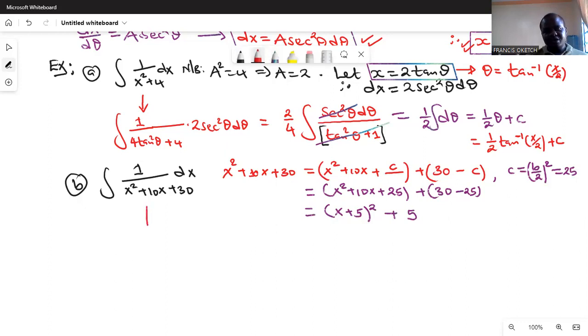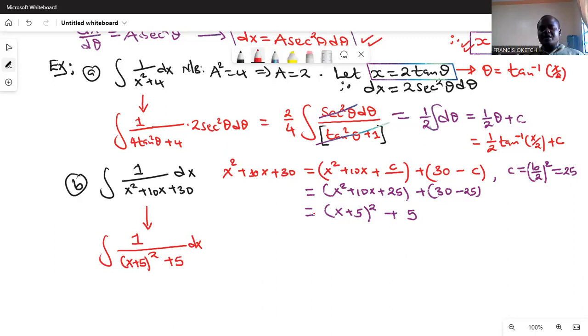It means our integral can be written as the integral of 1 over x plus 5, that is squared, and then there's another plus 5 dx. Again, you see this is in the form of a variable squared plus a constant squared.